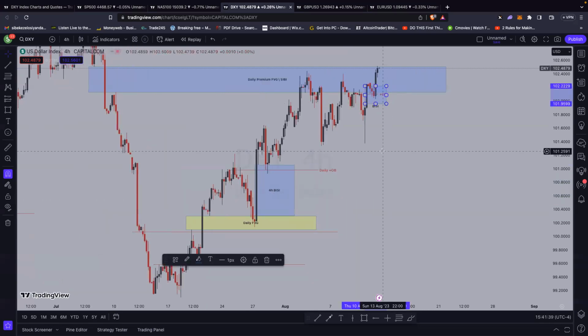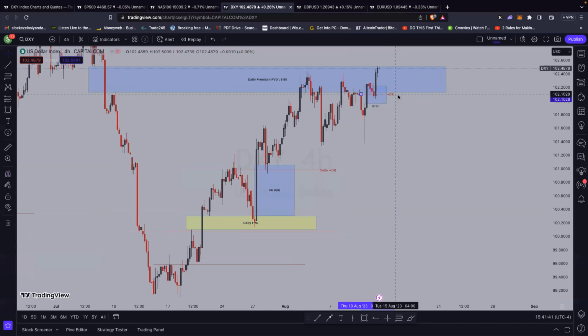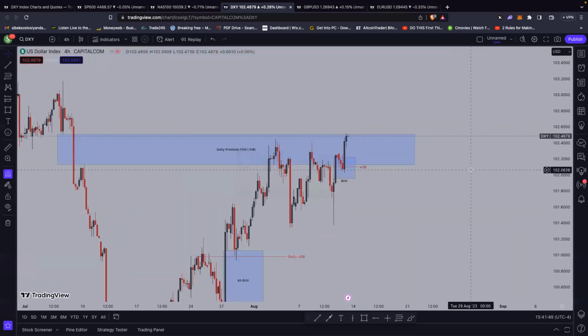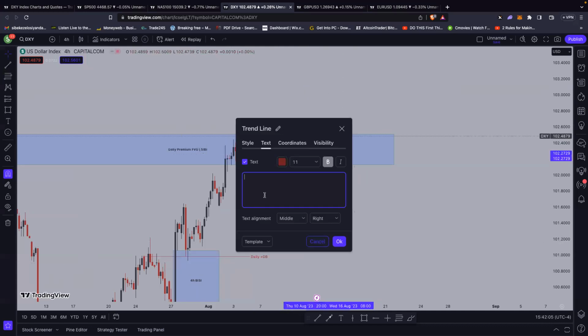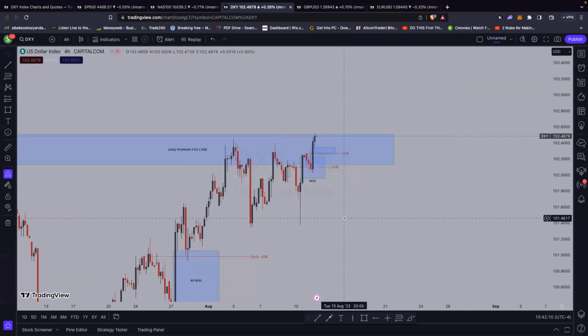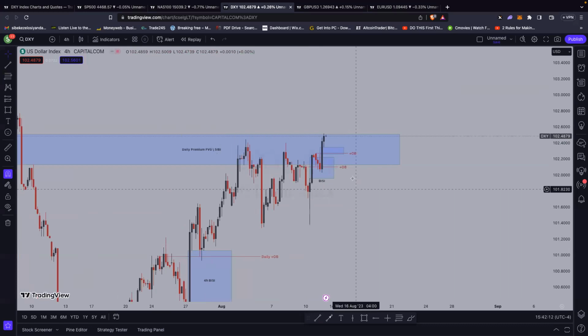So going into Monday, I want to see these order blocks and the fair value gap right there holding price, because if institutional order flow is still bullish, I want to see how it's gonna react if it trades back into these, and then I'll get my bias from there.